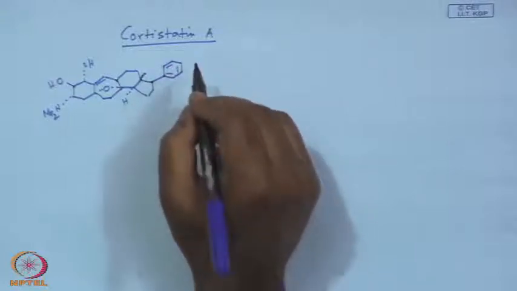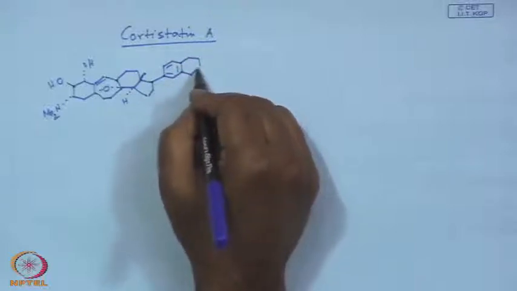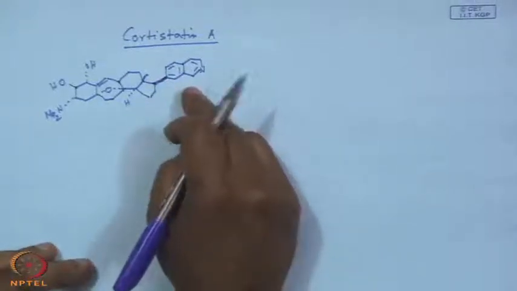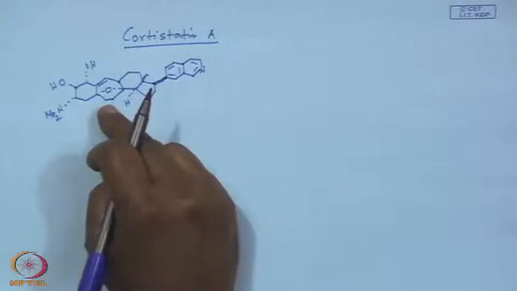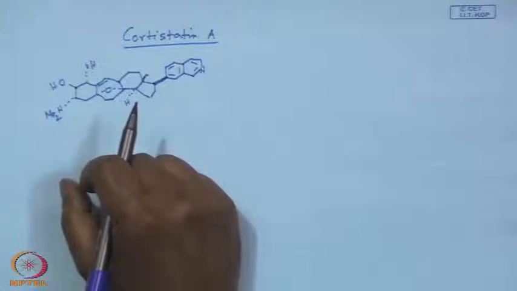You have to have a heterocyclic nucleus, and in this case it is an isoquinoline nucleus, and this has a beta position. Right. So, there are two heterocyclic units, one is the isoquinoline unit, the other is this furan ring system embedded in a 7-membered ring. Now, how can you make this?